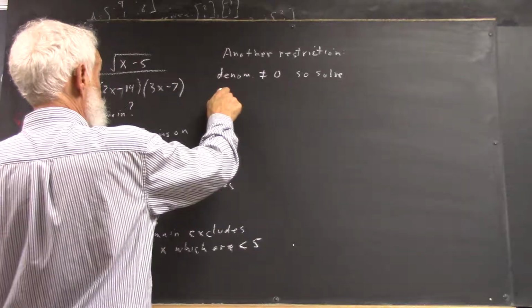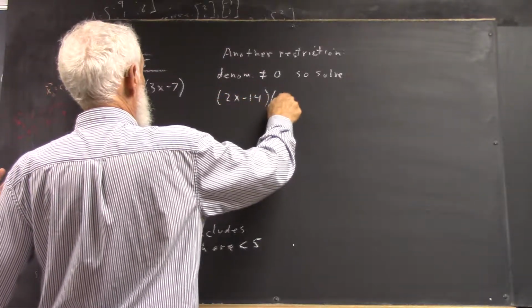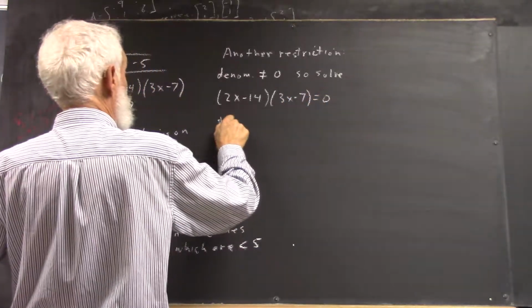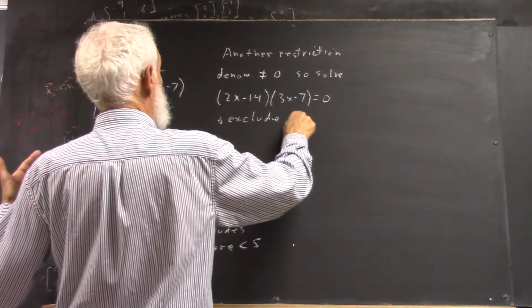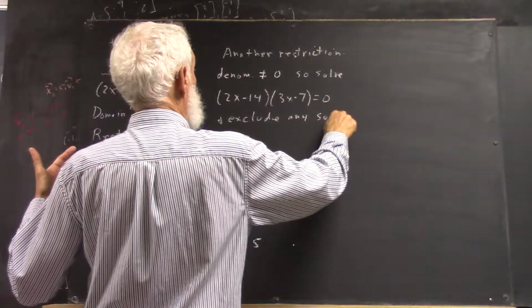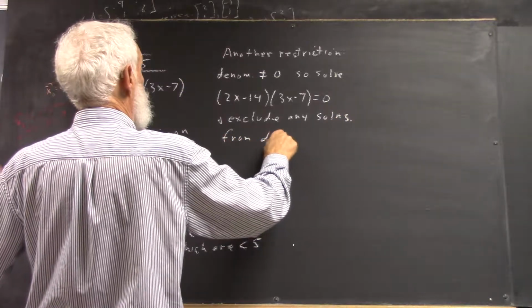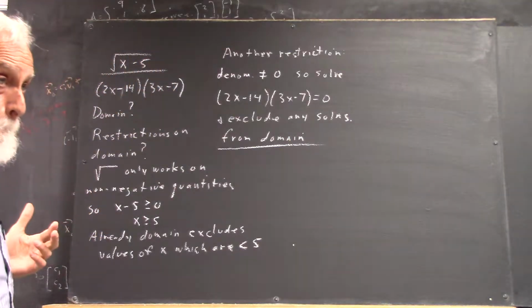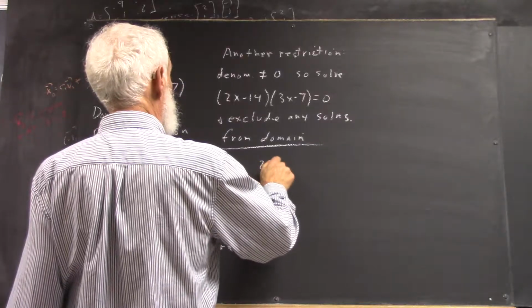We solve the equation 2x minus 14 multiplied by 3x minus 7 equals 0, and exclude any solutions from the domain. Okay? Well, let's write down the equation again.